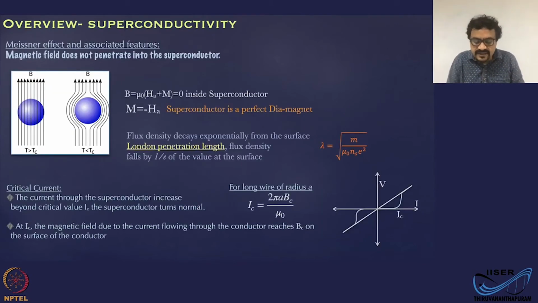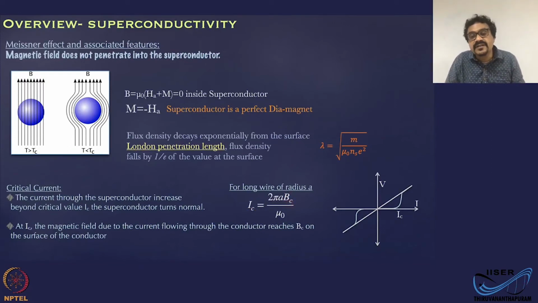So this current turns the material into normal by the field it has generated on the surface of the material. Running a current through a superconductor is like applying a magnetic field. When the current is high, the field also will be high, and at Ic, at critical current, the field will be the critical field.